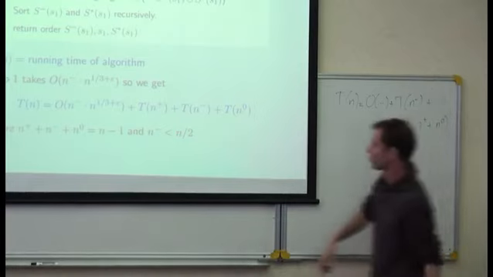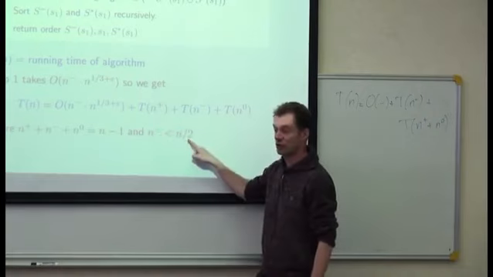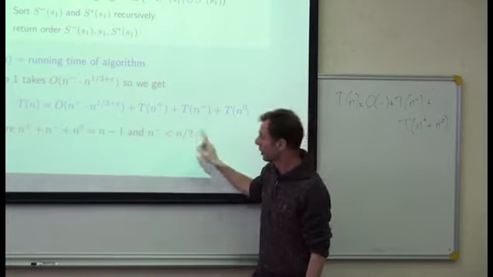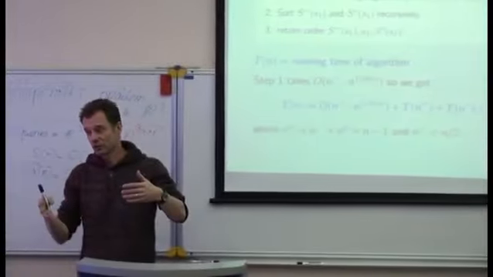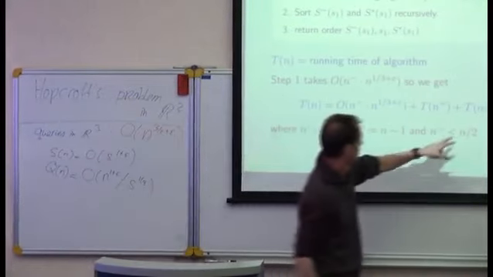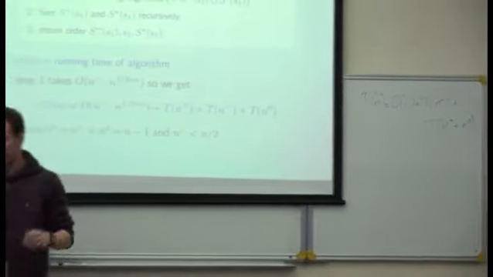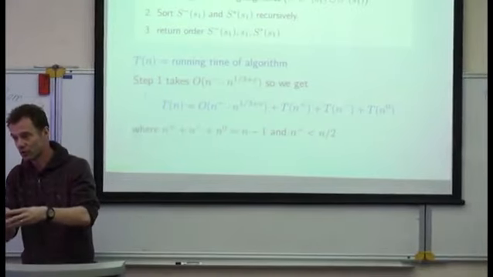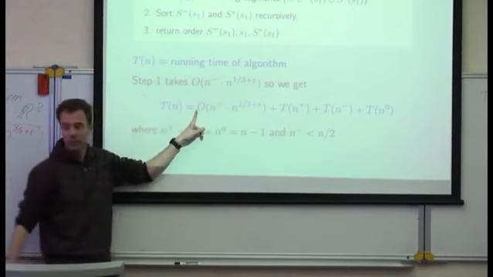And the crucial thing is that this n minus is at most n over 2. That means it could still be very unbalanced, because S minus could be really small, and then this could be really large. But the good thing is, if n minus is really small, then here I spend very little time.